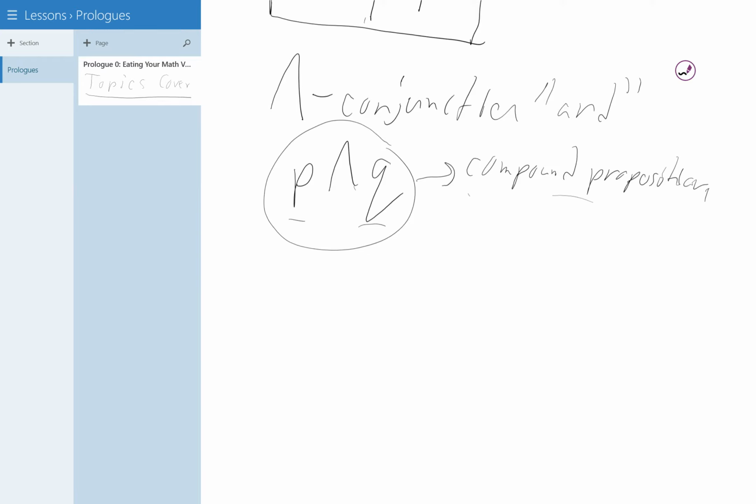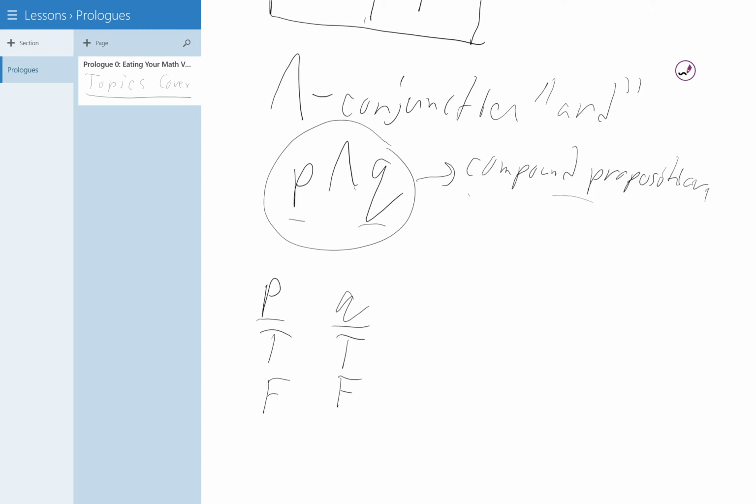So now, to make this clear, let's do a truth table. You have this propositional variable P that can take on the value true or false. And you have this value Q that can also take on the value true or false.